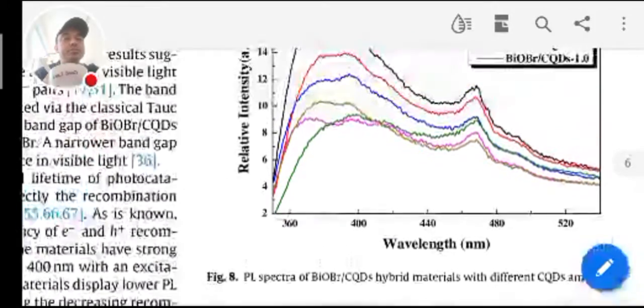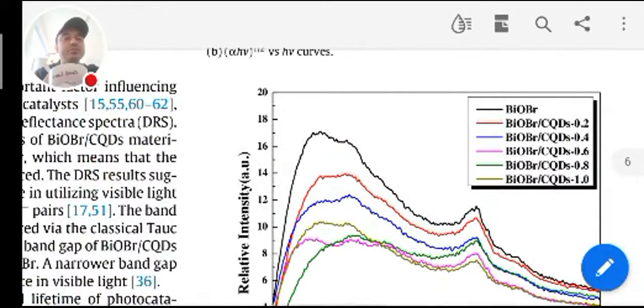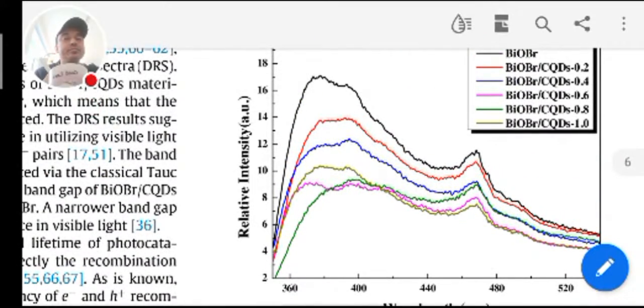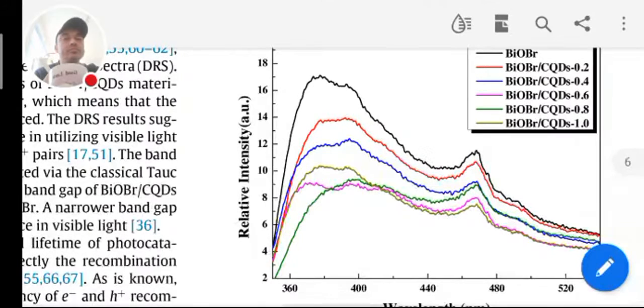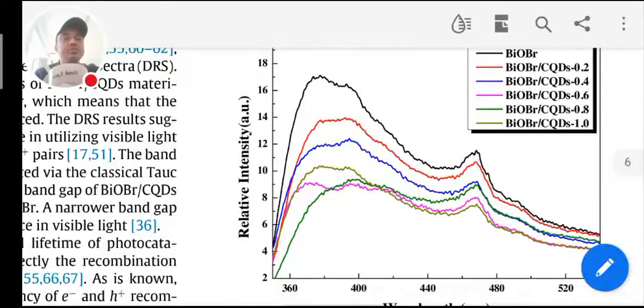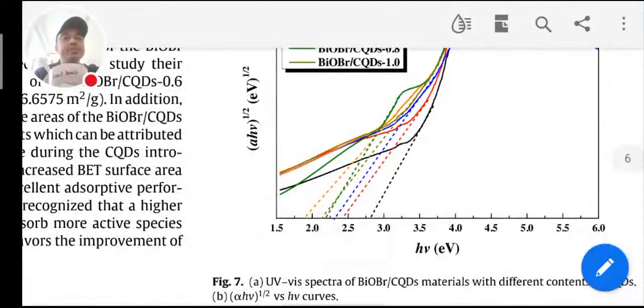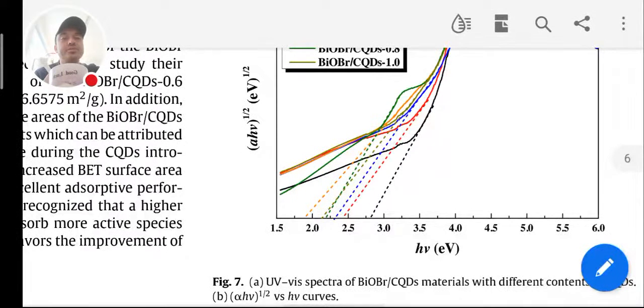This is photoluminescence, which is also quite interactive. The lowest excitation is observed at 0.6, meaning that is the ideal one with better results.